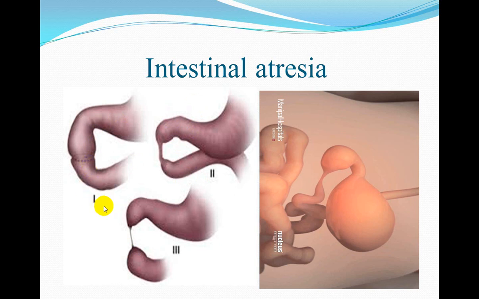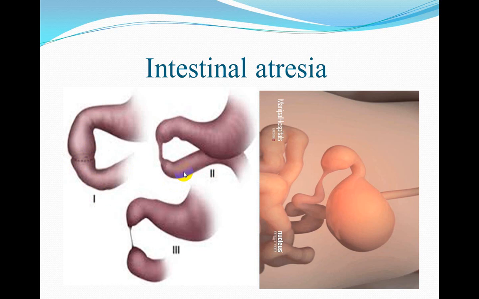This has three grades. In grade 1, there is a diaphragm-like structure between two segments of intestine, a failure of lumen development in a small segment of intestine.